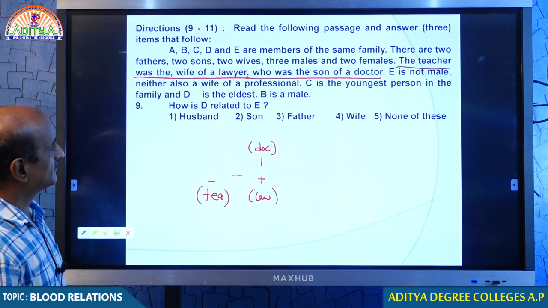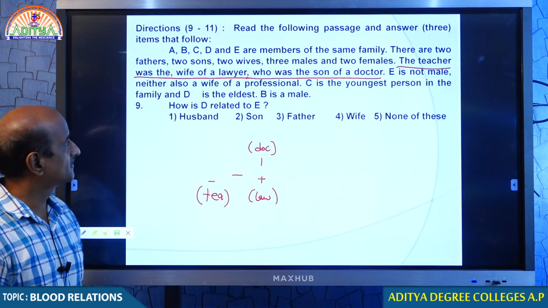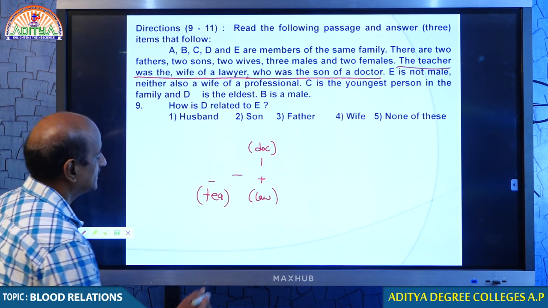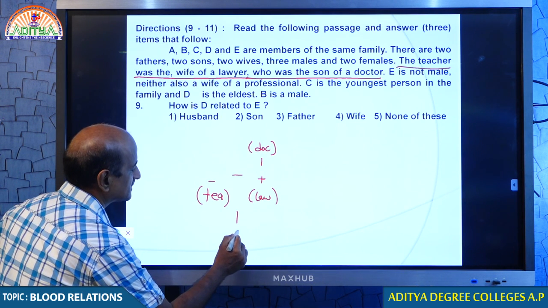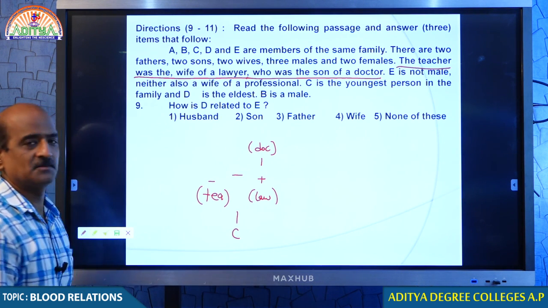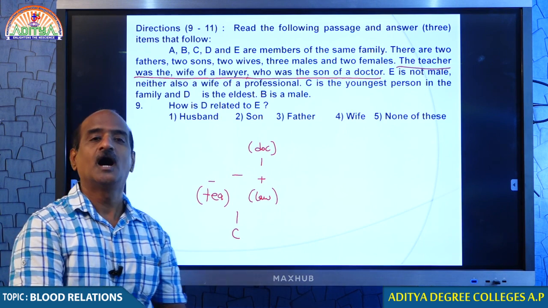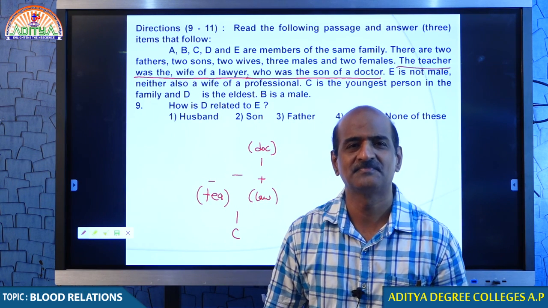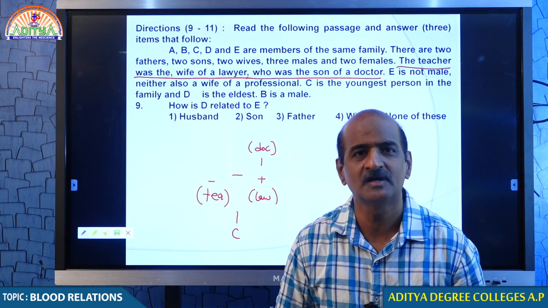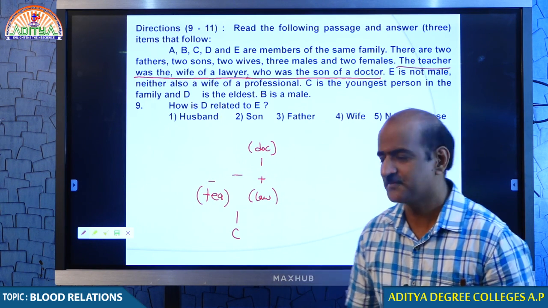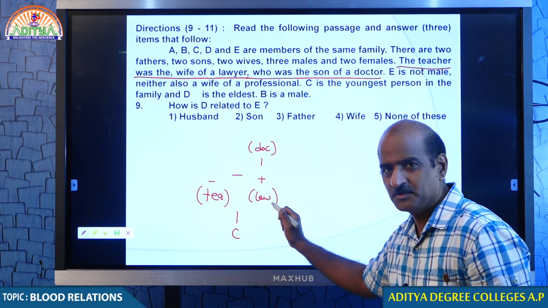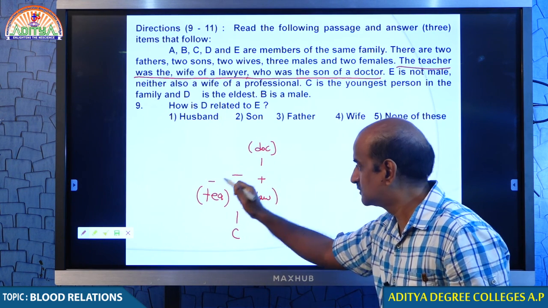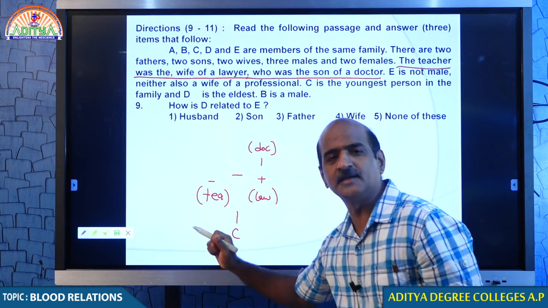Neither is she the wife of a professional. Okay, fine. C is the youngest person in the family. Probably C belongs to the 3rd generation. How can you say youngest member in the family? How many persons do we have? 5 persons in the family. There must be one couple. 1, 2, 3, 4, 5.